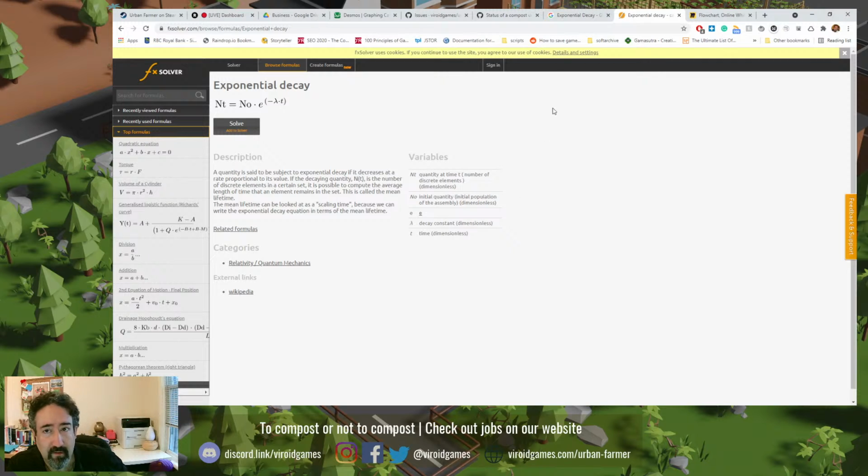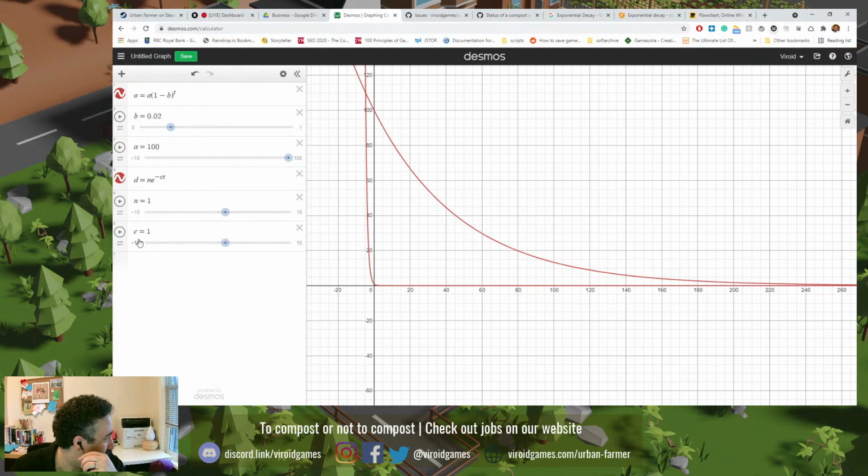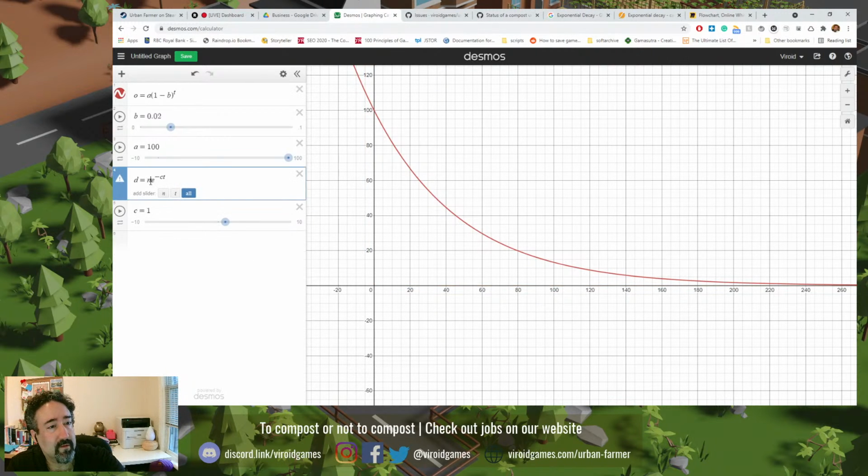The initial quantity is 100. We know that, so we could actually hard code that as 100. We already know that. This could be actually 100.